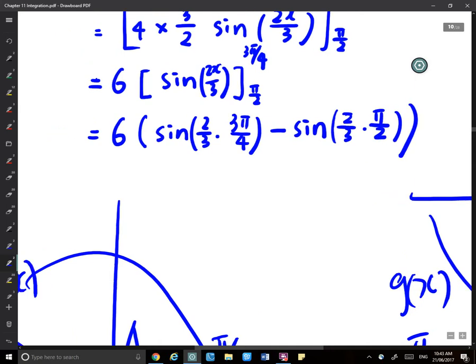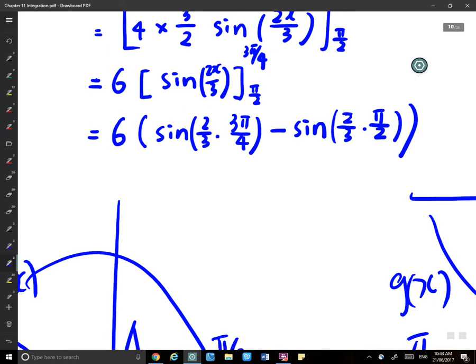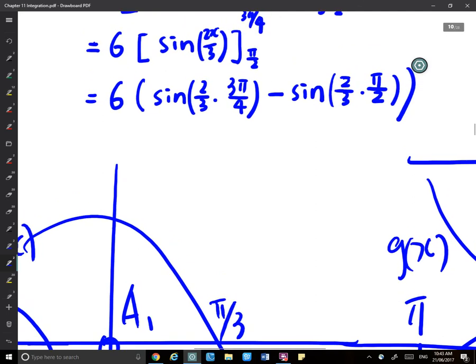Okay, you sub them individually and you subtract: use the top number, subtract the bottom number.